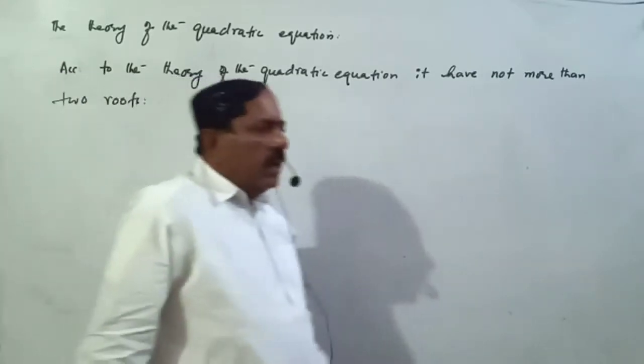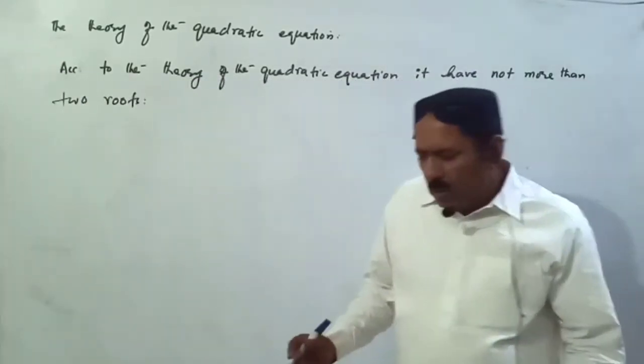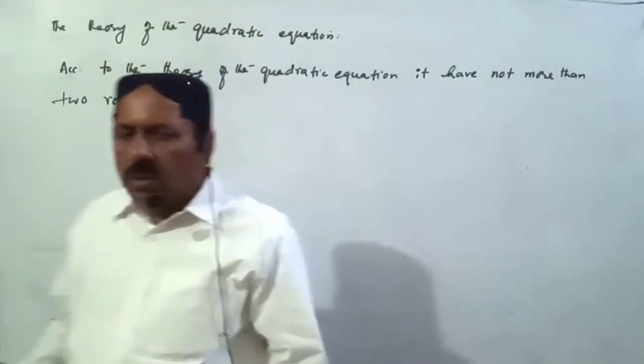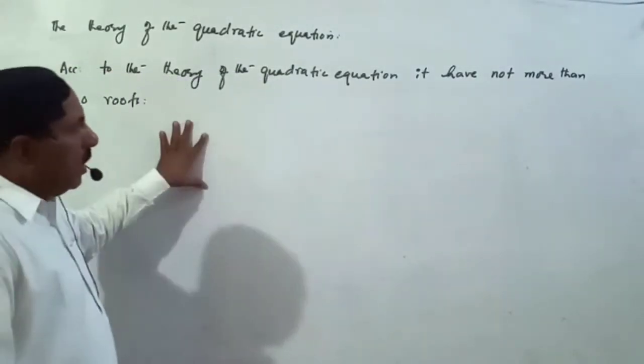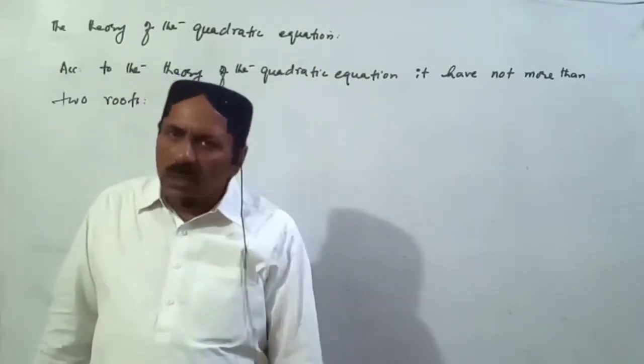So we can compare 2 equal roots. So we call it a 1 root, but it's clear that the quadratic equation cannot have more than 2 roots.